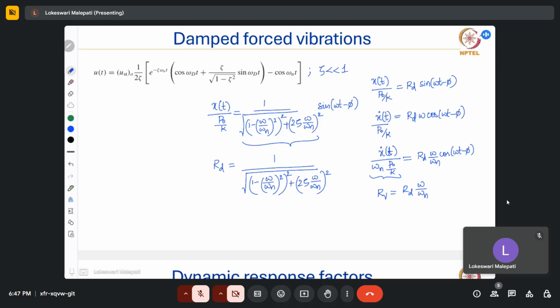If we divide this once again, we will get the acceleration response factor as RA is equal to minus omega by omega n the whole square times RD. And here the ratio is the dynamic acceleration to the one because of the static force. This is called the acceleration response factor.